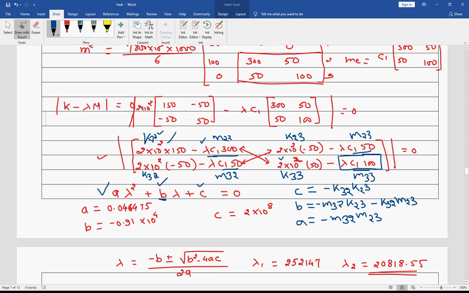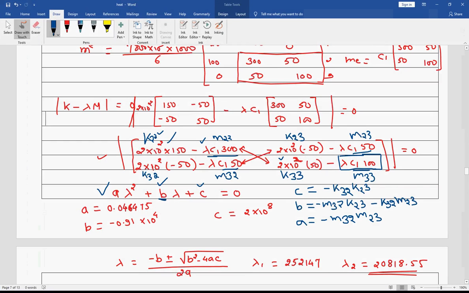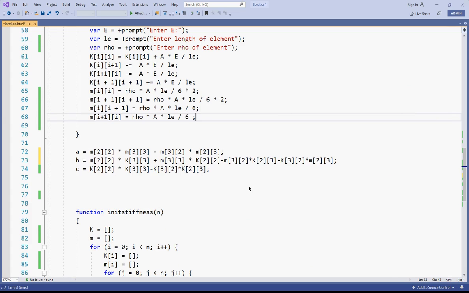For A it is M32 and M23, so K's place M is to be put. So for B, I copy this and put a subtraction sign, and instead of K I put M. So M32 and M23. Such contributions, whatever are there, I have written. So I got A, B and C.